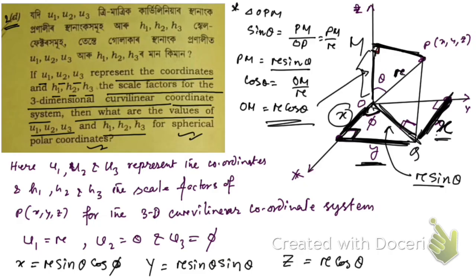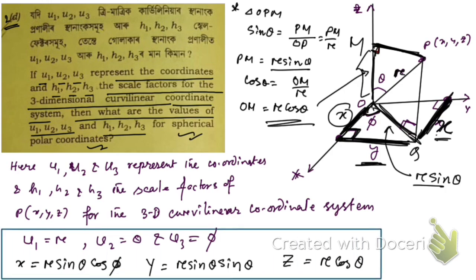So now let me copy this information that we have got and go to a new slide, so that I can explain. From here we have got U1, U2 and U3. Now let's find H1, H2, H3.